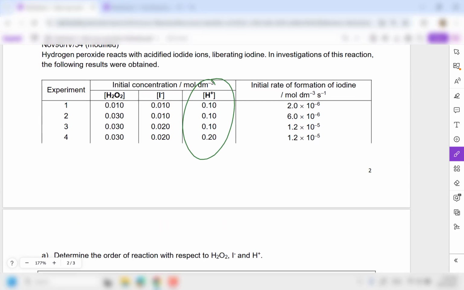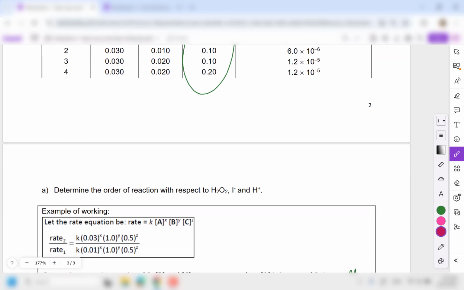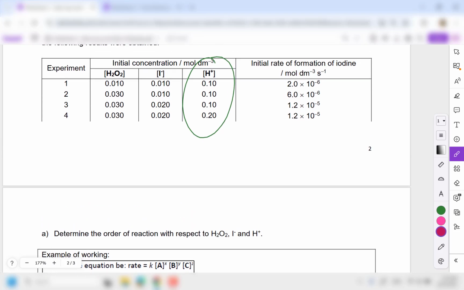Okay, so let me just use one example. Let's say for H2O2. So we'll follow the same working here. We'll do rate of reaction 2 over rate of reaction 1. So we'll use these two, because for these two, the other concentrations are kept constant. So I'm going to have 6.0 times 10 to the power minus 6, this is the rate of reaction 2, divided by the rate of reaction 1, times 10 to the power minus 6.